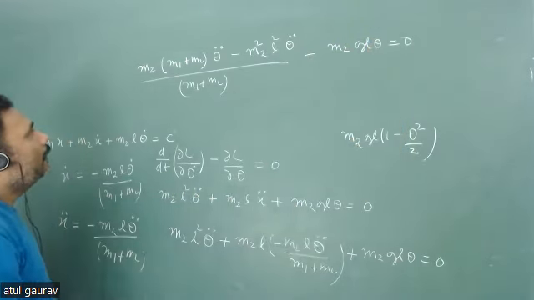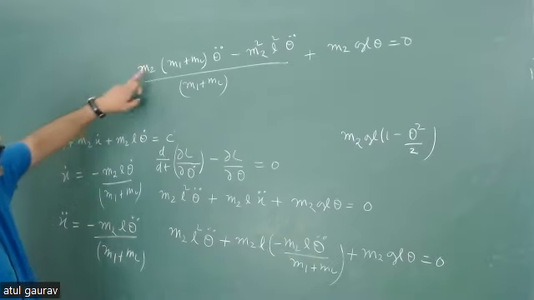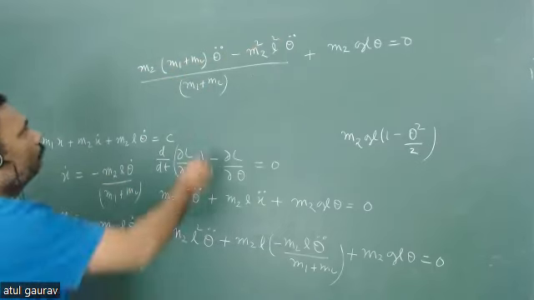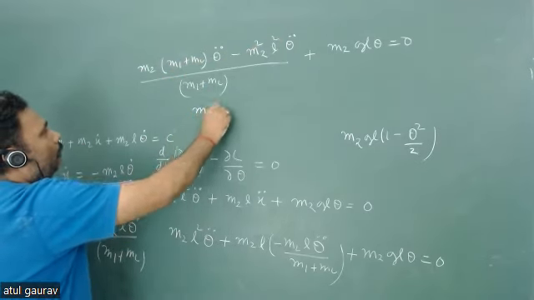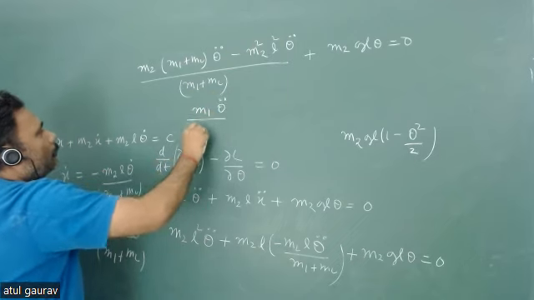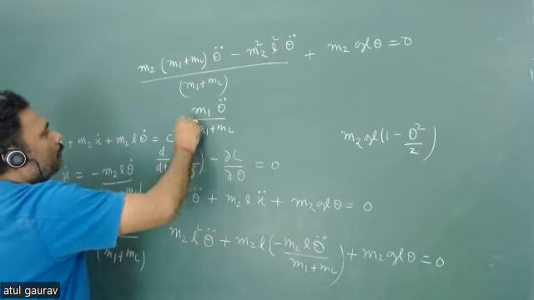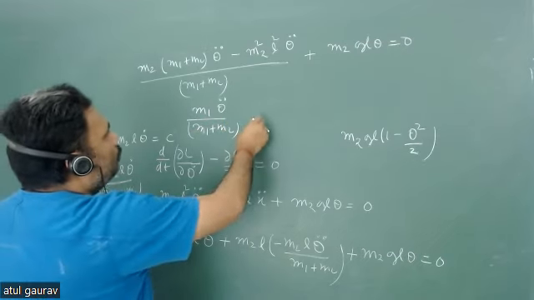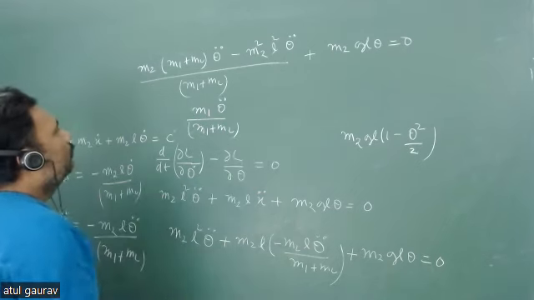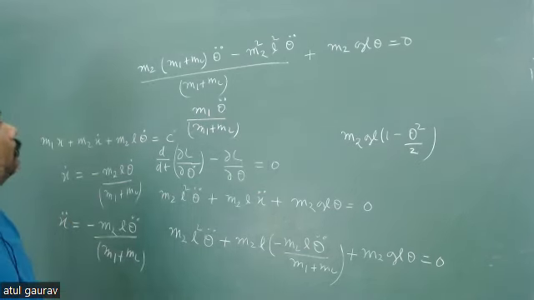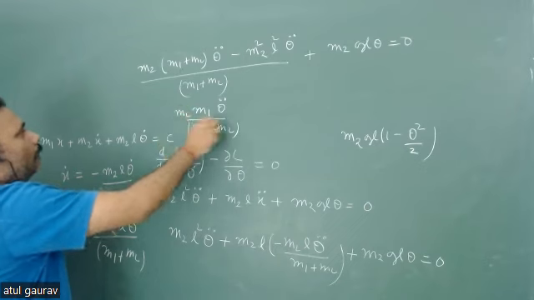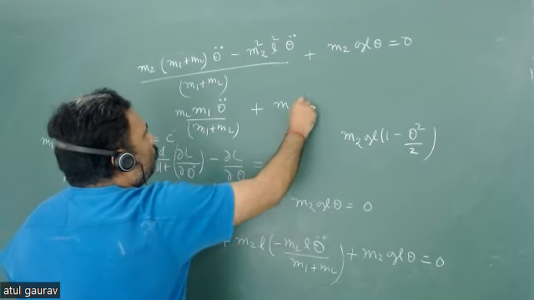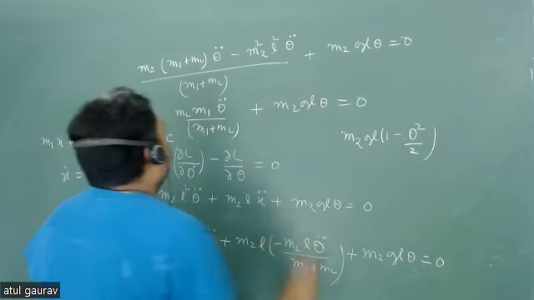Here something is cancelling. m2 square theta double dot cancels out. So what is going to survive? m1 theta double dot by m1 plus m2. Sorry, m1 into m2. This term will survive, plus m2 gL theta must be equal to 0.